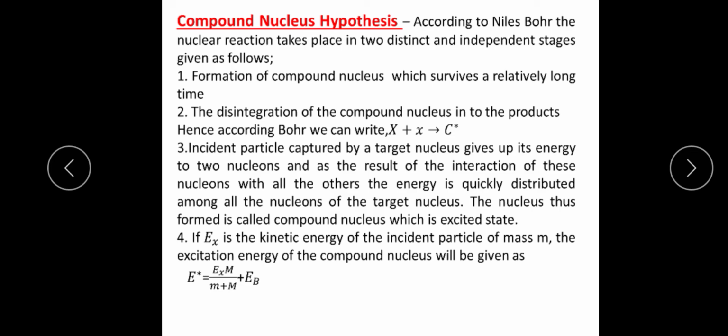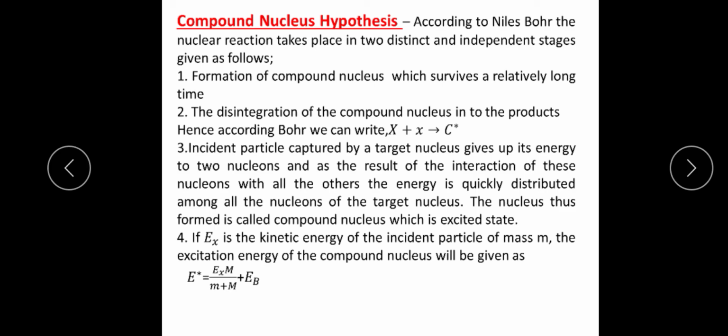Now first one, the formation of the compound nucleus, that is X plus capital X, when the bombarding particle is incident on the target nucleus. The incident particle is completely captured by the target nucleus and gives up its energy to two nucleons, and as a result of the interaction of these nucleons with all others, the energy is quickly distributed among all the nucleons of the target nucleus.